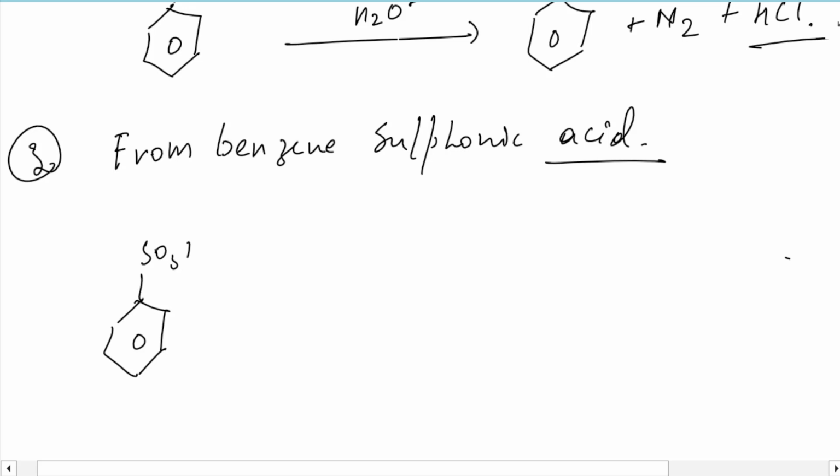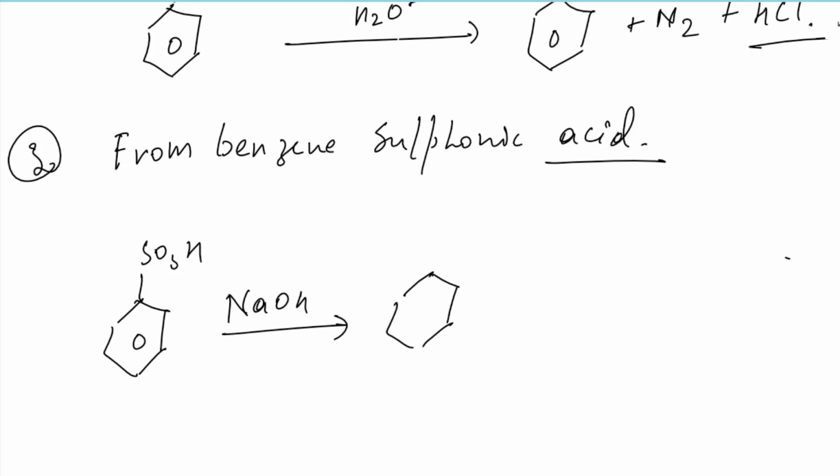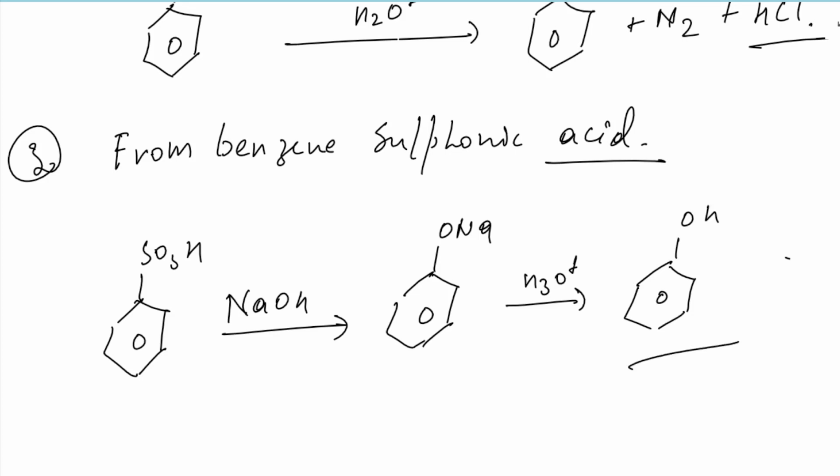Benzene having SO3H. Let's react it with NaOH, and it will again form sodium phenoxide, similar to Dow's process, which is again hydrolyzed, as we have done earlier in both the reactions, and it will form phenol.